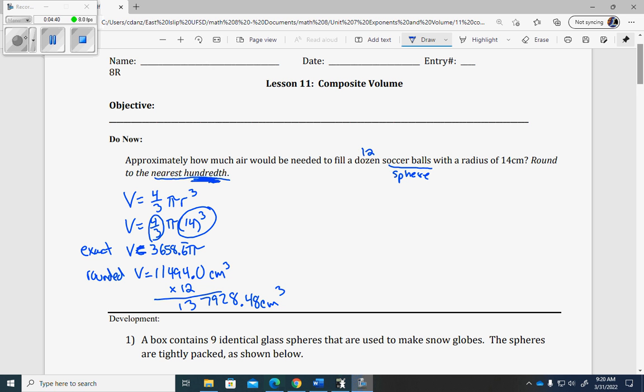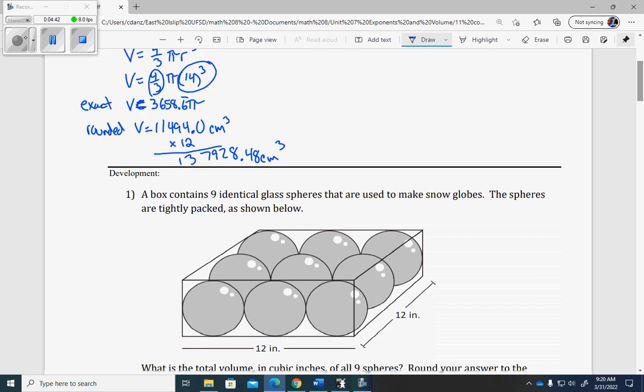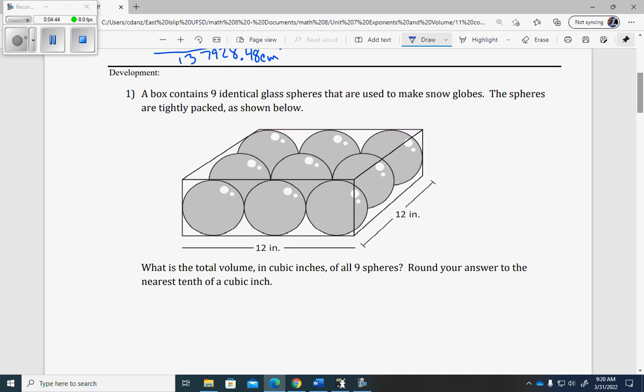So number one of our classwork is pretty similar. A box contains 9 identical glass spheres that are used to make snow globes. The spheres are tightly packed as shown below. So you can see it's in a box that is 12 across.